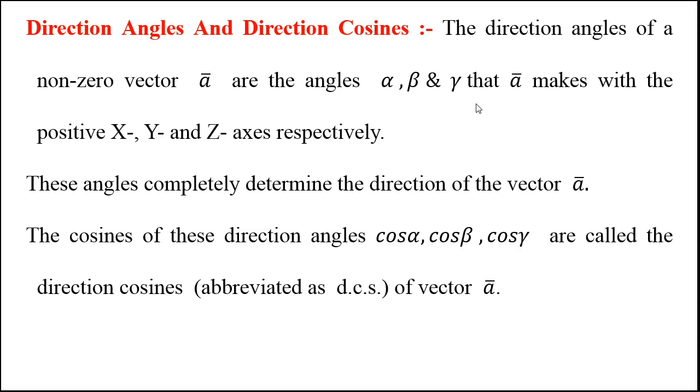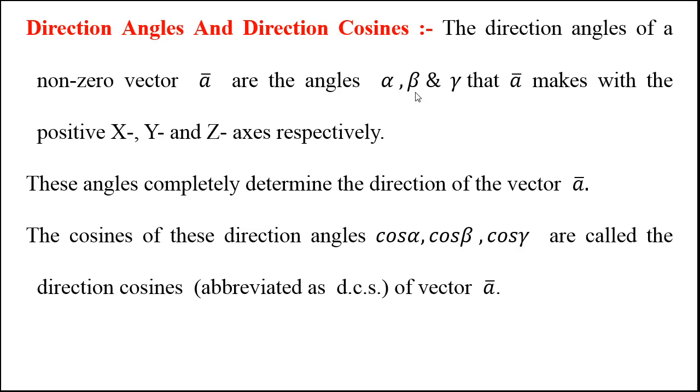मग जर समजा मी युनिट वेक्टर i घेतला, if I take unit vector i, what angle that i makes with x-axis? 0 degree angle. What angle unit vector i makes with positive y-axis? 90 degree.